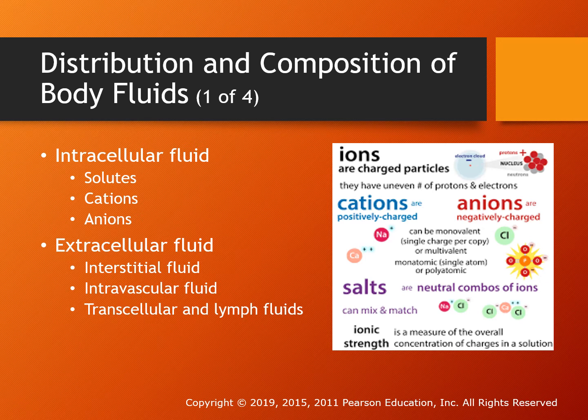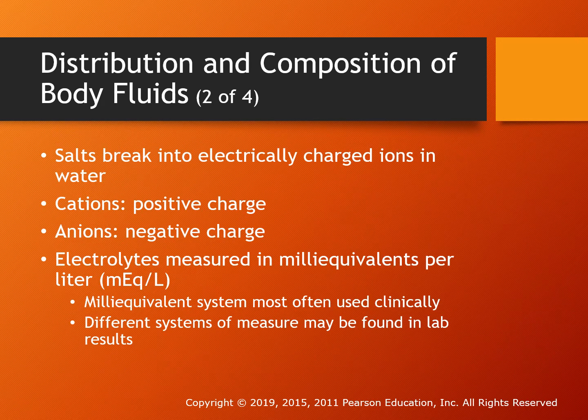Excessive loss of these fluids from the body, such as vomiting and diarrhea or gastric suction, is a particular concern. Look at table 6-1, and it gives you the electrolyte concentrations in the fluid compartments. Also on page 358, it gives you a little diagram of intracellular fluid and extracellular fluid. I would read over that, okay? That'll just help solidify the reading.